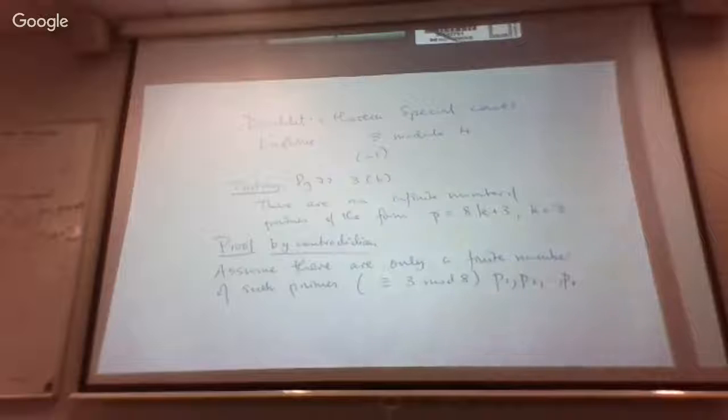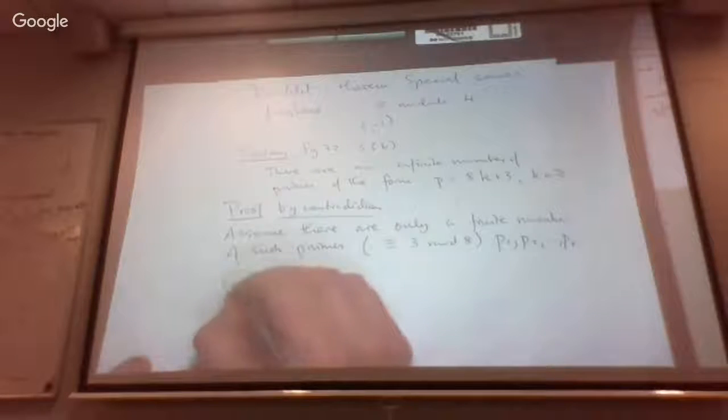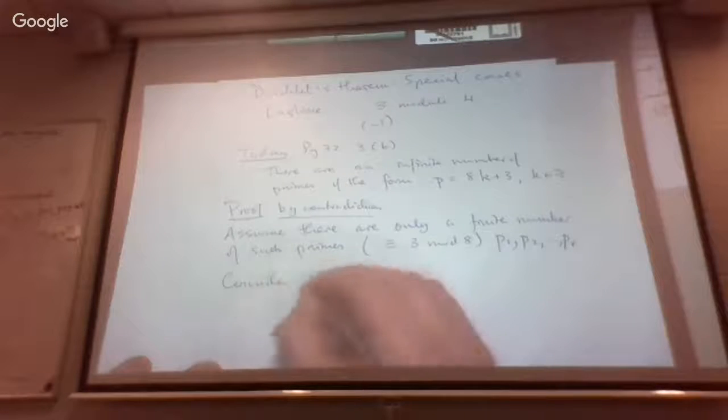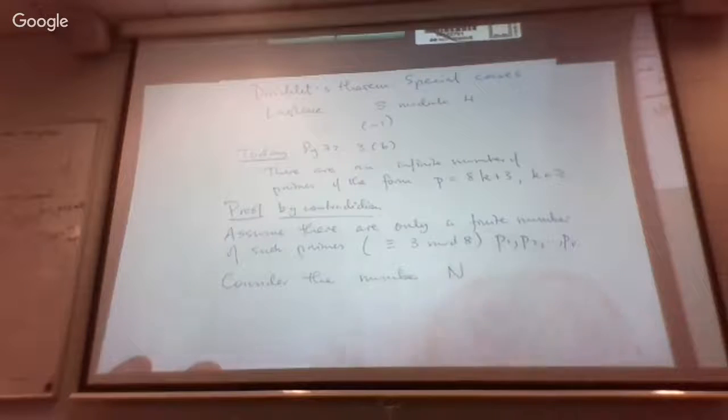It will be wrong, because it'll turn out to be a contradiction, of course, as we want it to be, so that we can then prove there's an infinite number of these primes. So we consider this number n.